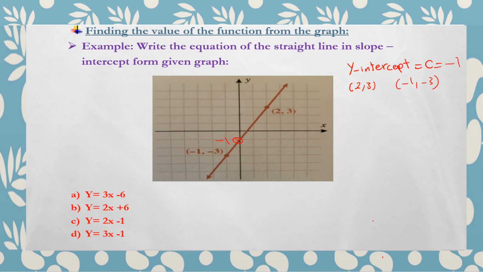We can use these points in order to find the slope. So m equals -3 over -1 minus 2. So -6 over -3 equals 2, and then m equals 2 and c equals -1. So the straight line equation is y equals -2x minus 1, and the correct answer is C.